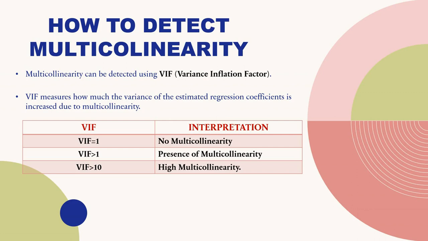If VIF is equal to 1, then there is no multicollinearity. If VIF is greater than 1, then there is a presence of multicollinearity, but it is not that severe. But if VIF is greater than 10, then there is high multicollinearity that needs to be addressed.